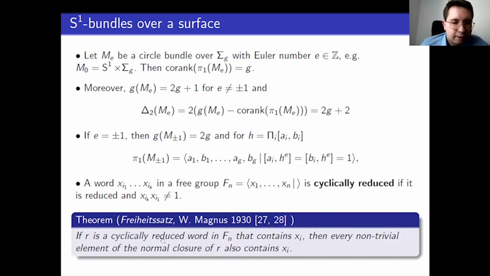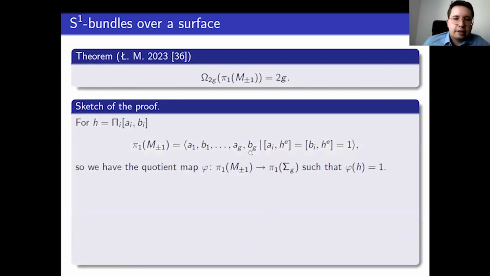And this Freiheitssatz states that if we have a cyclically reduced word in a free group which contains some generator, then every non-trivial element of its normal closure also contains this generator. And using this, we may show that the omega 2g invariant of the fundamental group of the circle bundle is equal to g. It is the maximal possible.